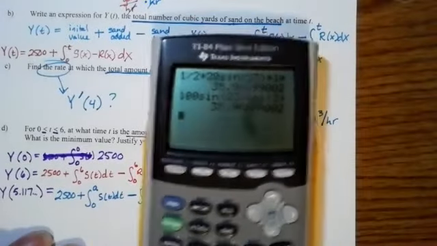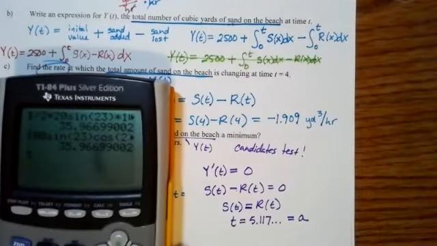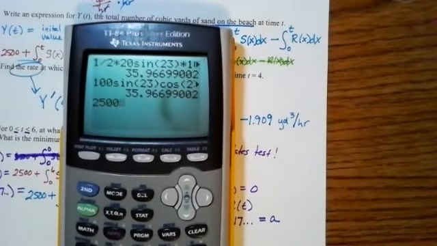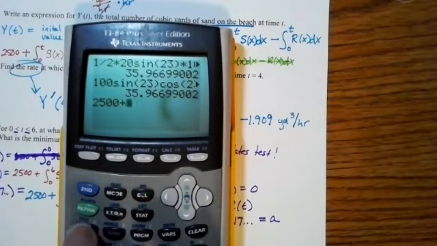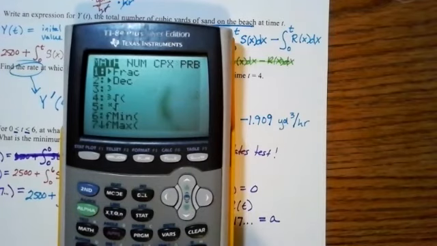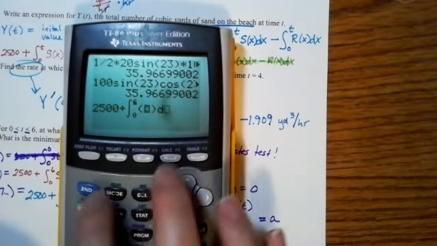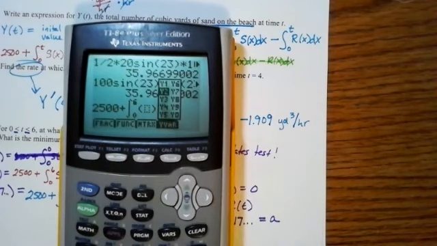Let's go back to the home screen. Okay, so 2,500 plus the integral from 0 to 6. This is for y2.